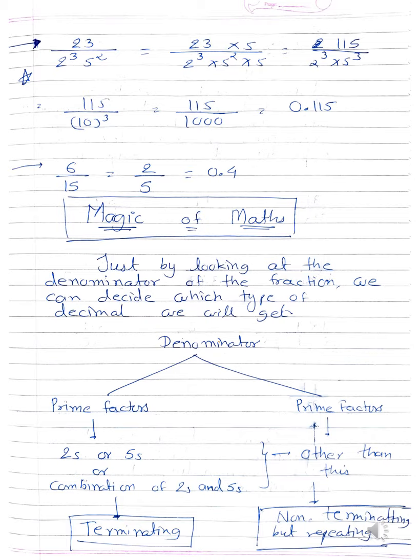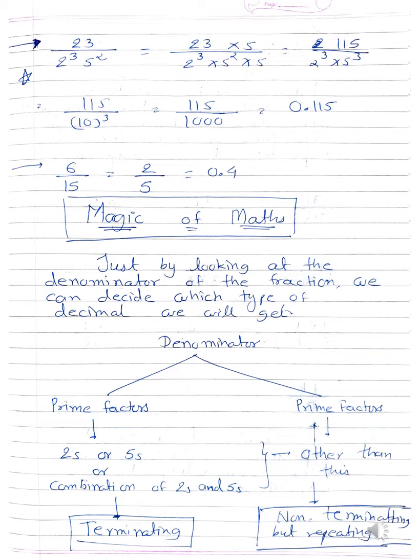Just by looking at the denominator of the fraction, we can decide which type of decimal we will get. If the prime factors of the denominator are made up of 2's or 5's or a combination of 2's and 5's, then it will give me the terminating decimal expression.